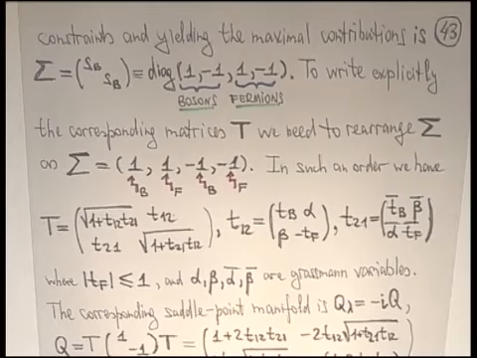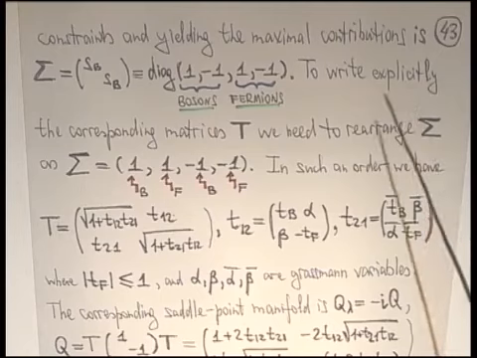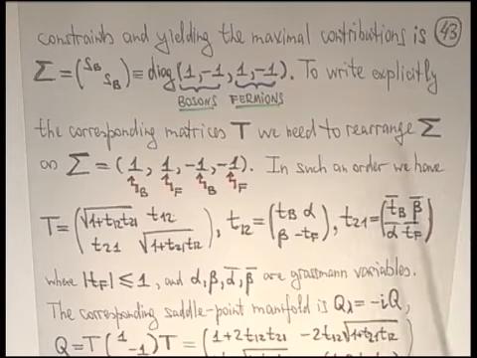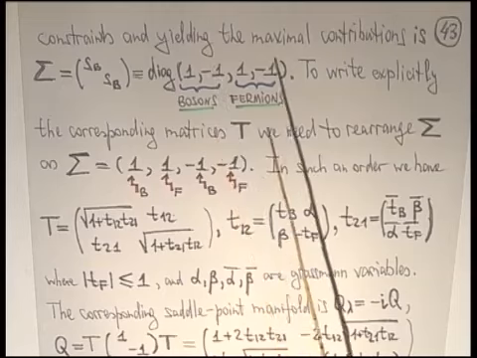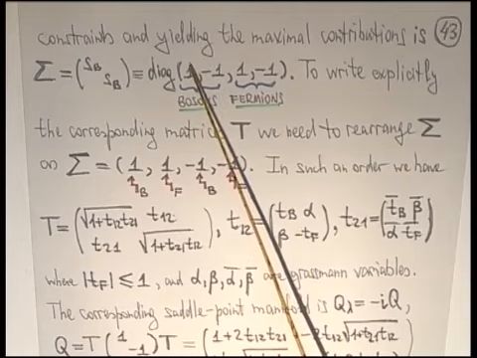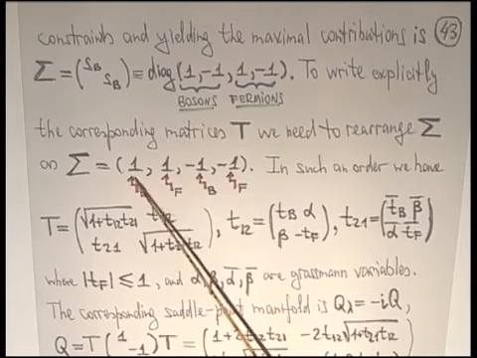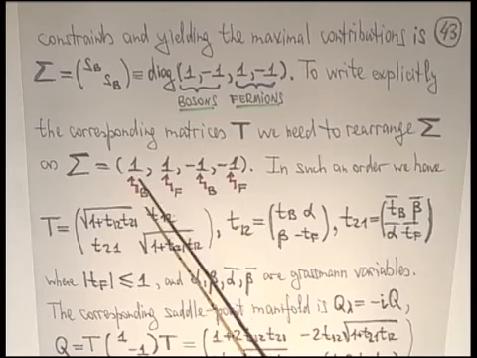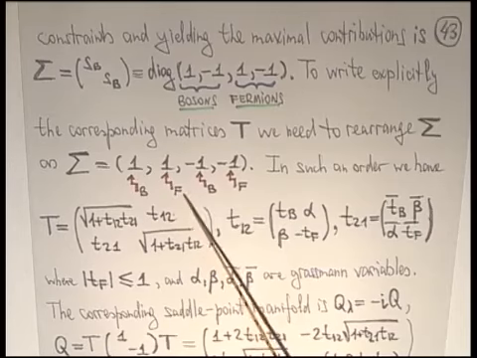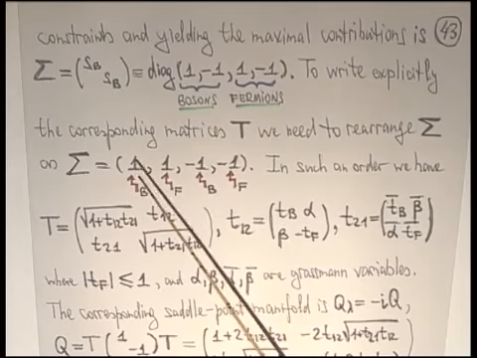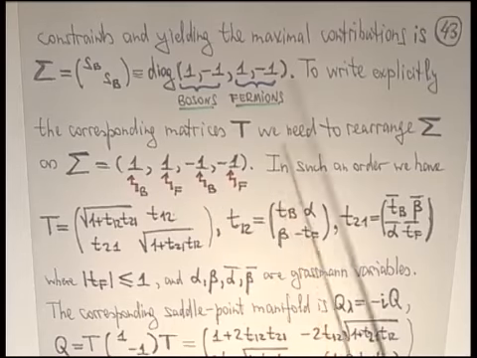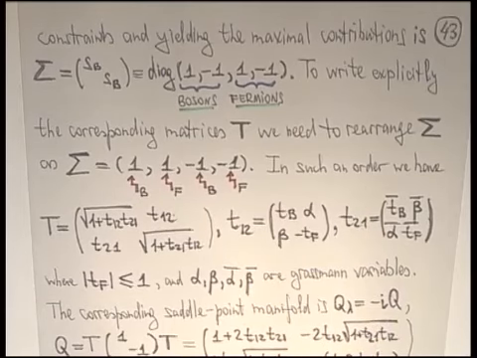But it's inconvenient if you'd like to write explicitly a parameterization for these matrices T. It's much easier if you rearrange these entries in the following way. You first arrange these two and call them, it would be appropriate to call them B1, F1, and then B2, F2.